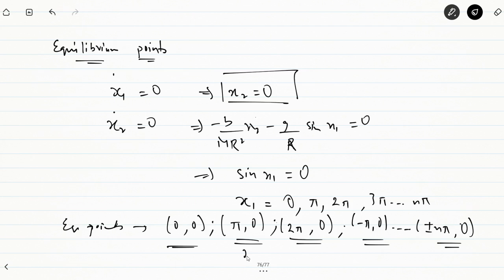Understanding the stability at the origin is easier as compared to understanding the stability at any other equilibrium point.